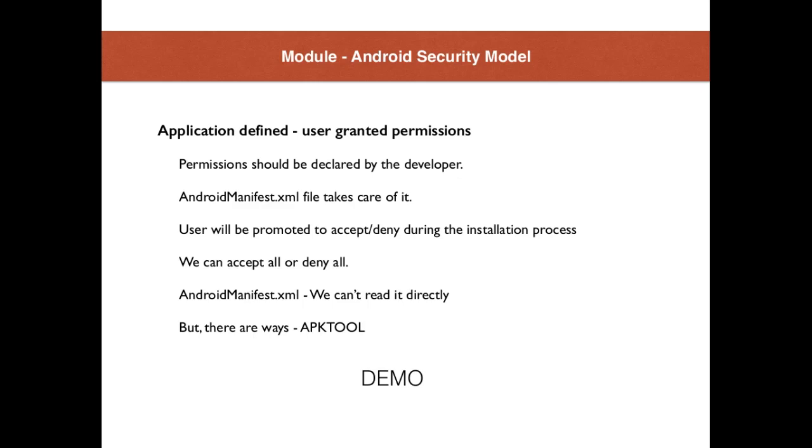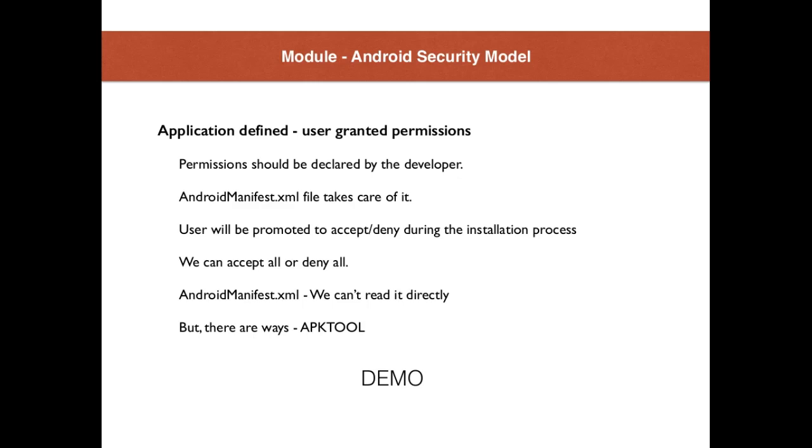So in this video I'm going to show you one way to have a look at the AndroidManifest.xml file. There are a couple of other ways as well, like using APK tool and other tools. We'll see them in later videos as and when required. Right now we don't need APK tool, so I'm not going to touch it. Rather I'll show you something else.